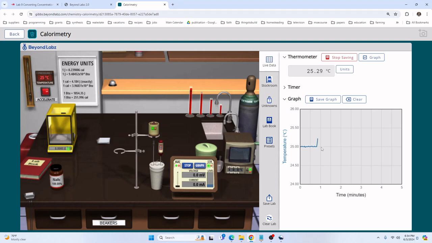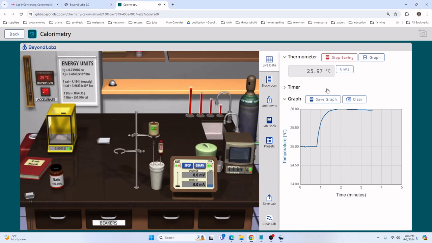Now we're seeing an increase in the temperature. Let's choose accelerate. And our graph is beginning to level off at around 26.00. And it's starting to decrease again.